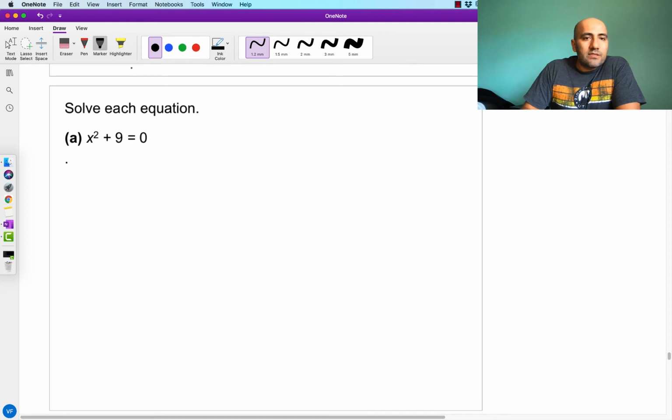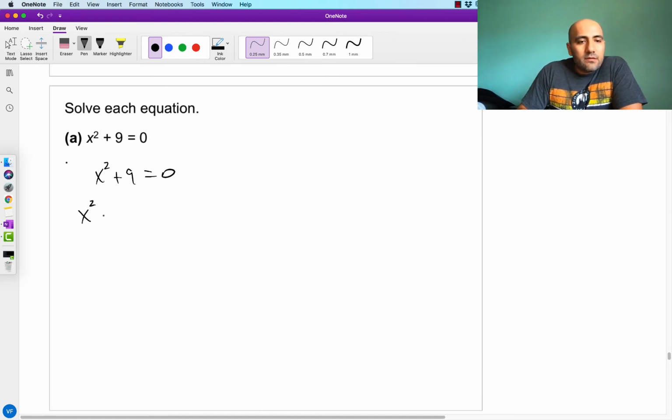All right, well, this one's easy. So let's solve it this way. We have x squared plus 9 equals 0. We could use the whole quadratic formula, and that would be this way. Let's put a 0x plus a 9 equals 0.